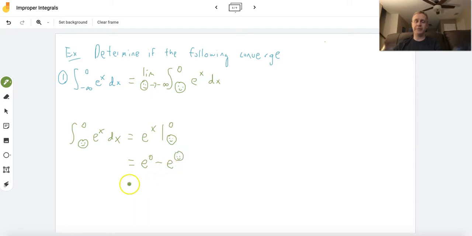And e to the 0 we know is equal to 1, so I'm just going to simplify that. And I have here now an expression for the value of our definite integral. And so I'll go back to my original improper integral and my equality here, and I'll carry forward my limit expression.